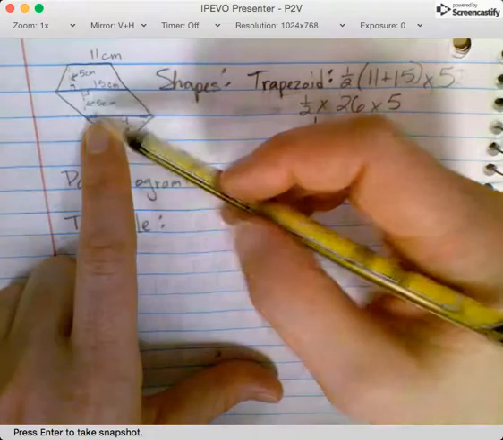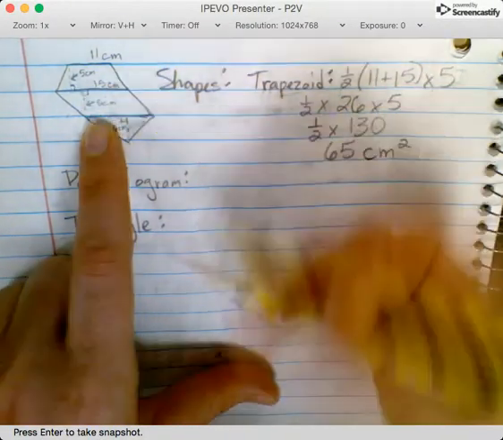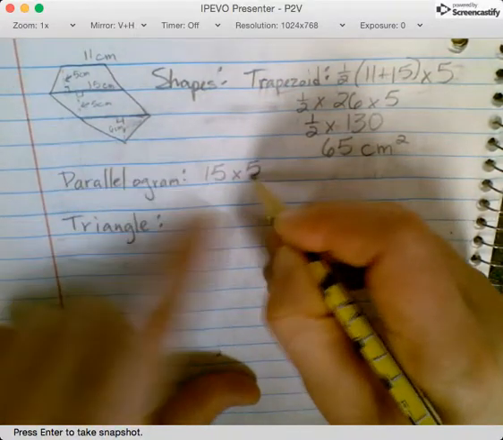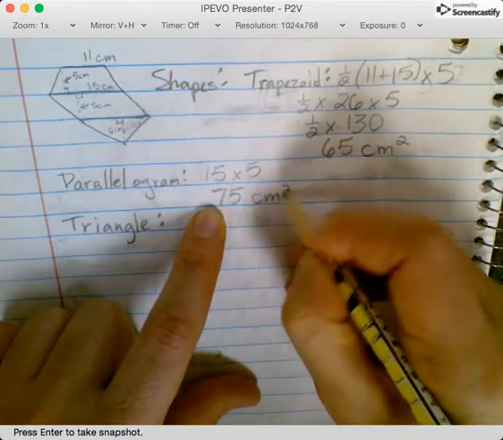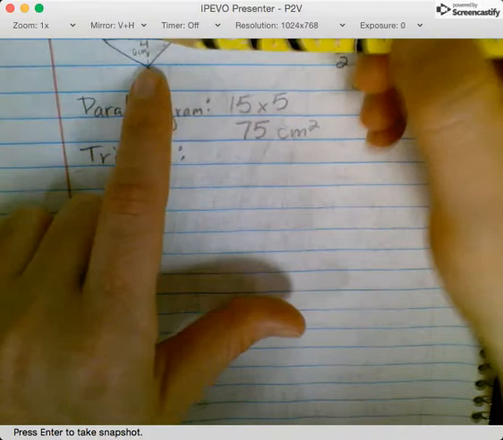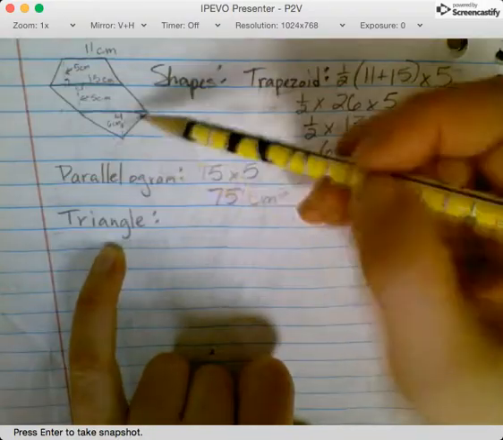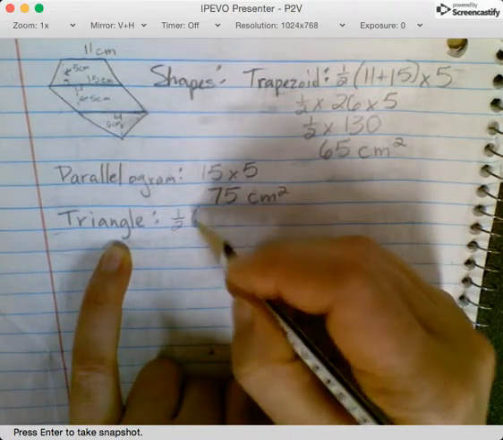Parallelogram is simply base times height. My base is 15 here, and my height is 5, so that's just 15 times 5, and that gives me 75 centimeters squared. And the last one, a triangle. My area is actually 1/2 base times height.